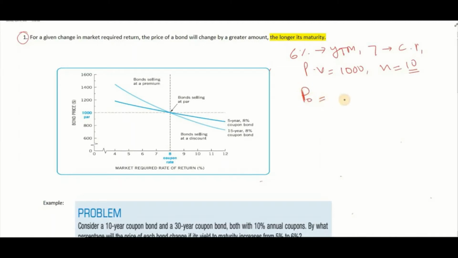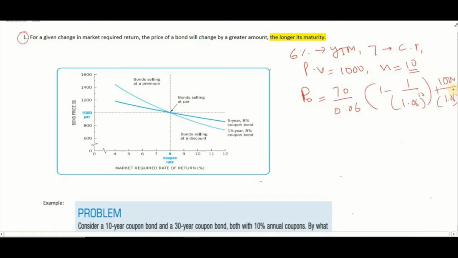Price is equal to 70 divided by 0.06, times 1 minus 1 over 1.06 to the power 10, plus 1000 divided by 1.06 to the power 10. Okay, so you can see that the answer is 1073.6, which is greater than 1000, right?